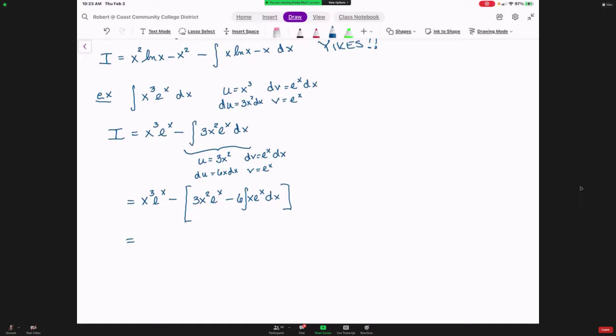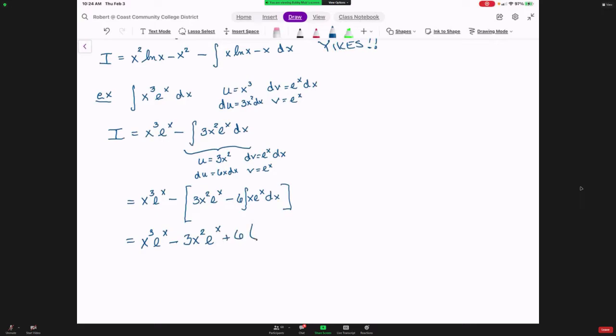All right, so this is x cubed e to the x minus 3x squared e to the x plus 6 times the integral of x e to the x.